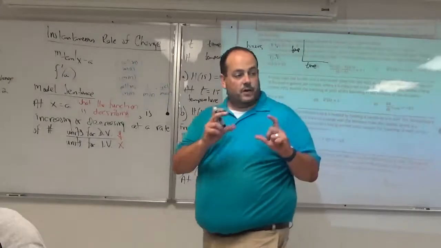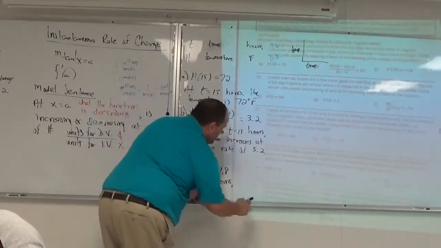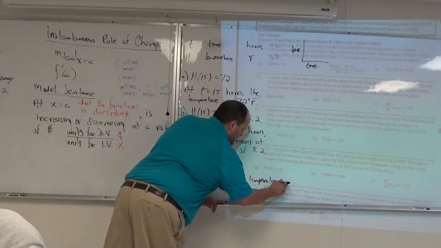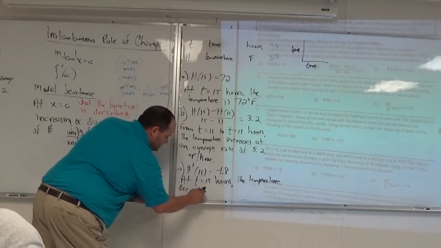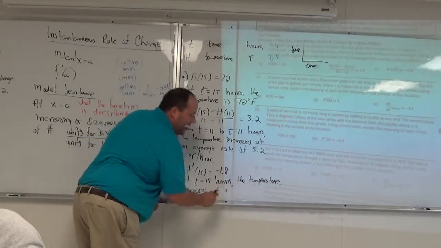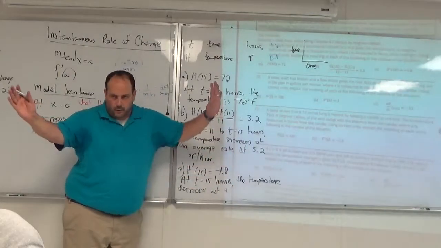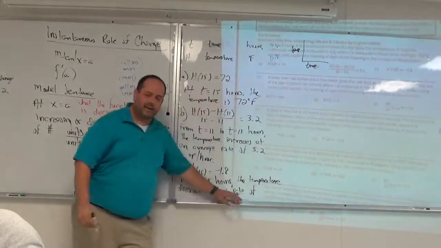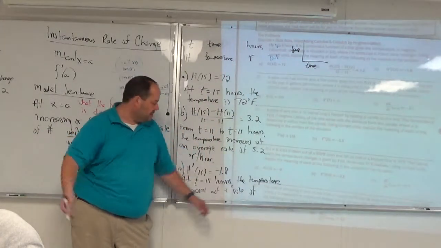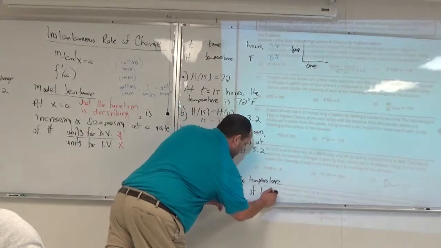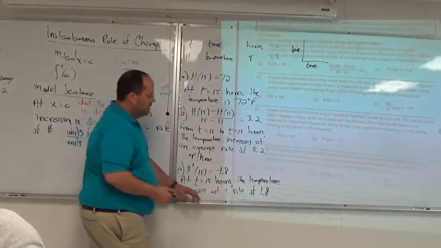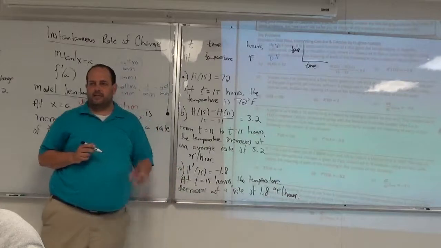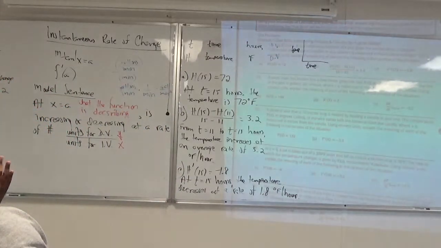You've got to tell me, what does the function describe? At t equals 15 hours, what's the function describing? The temperature. What's that doing? The temperature decreases at, and if you want to be fancy, at an instantaneous rate if you want to, that's fine by me. Or you can just say at a rate. If you don't say instantaneous, if you just say rate, we're going to assume instantaneous. Decreasing at a rate of 1.8 degrees Fahrenheit per hour. How many of you guys have that sentence? Or almost exactly that? Nice job.